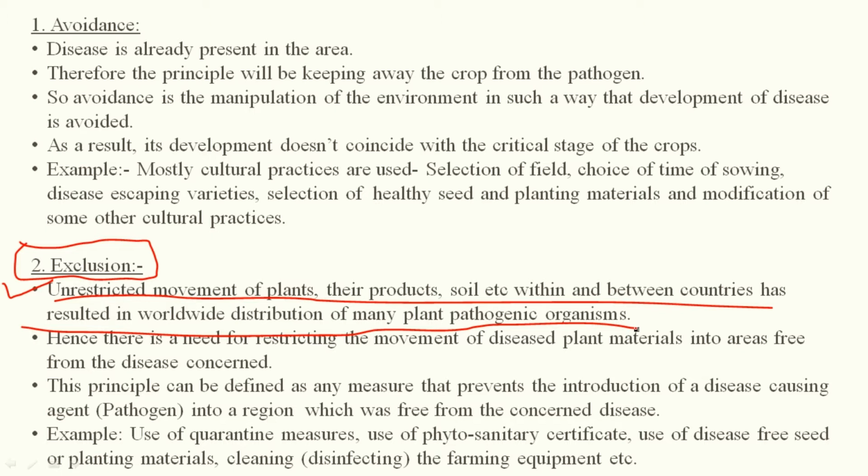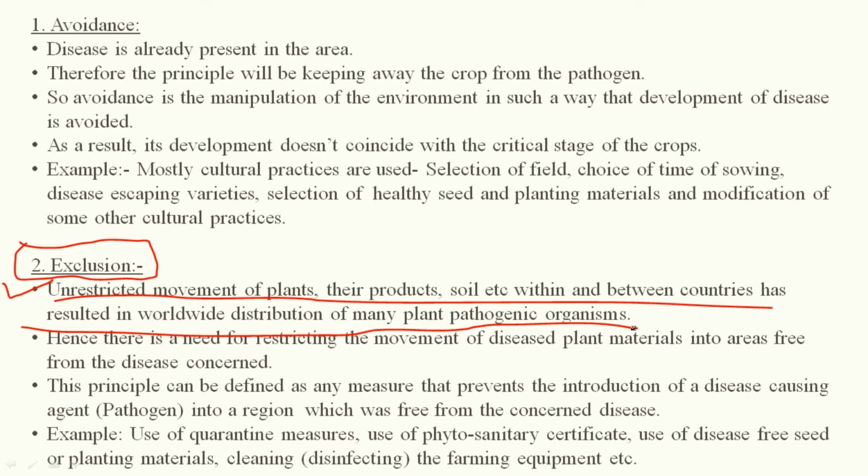Suppose in Odisha, one pathogen was not there, but it was in Bihar. Due to the movement of plants, their products, soil, and equipment used, those things were transported within the state or within Bihar, between districts. Though the pathogen was not native to that particular area, due to that kind of transportation, the pathogen came into those disease-free areas.